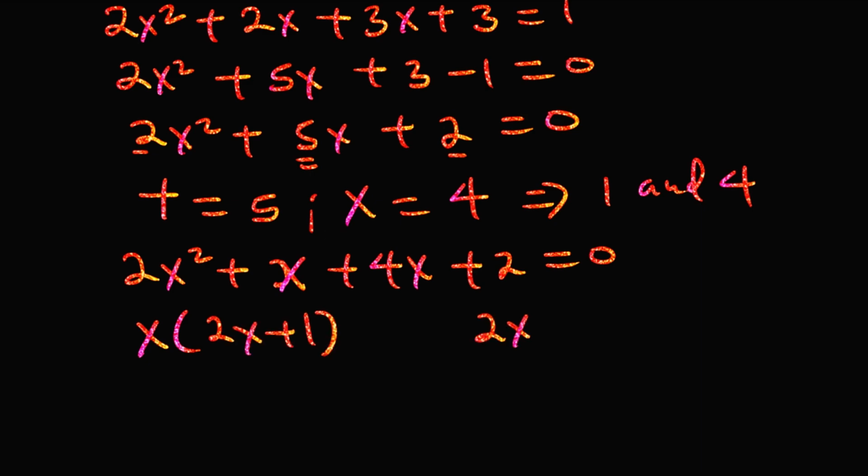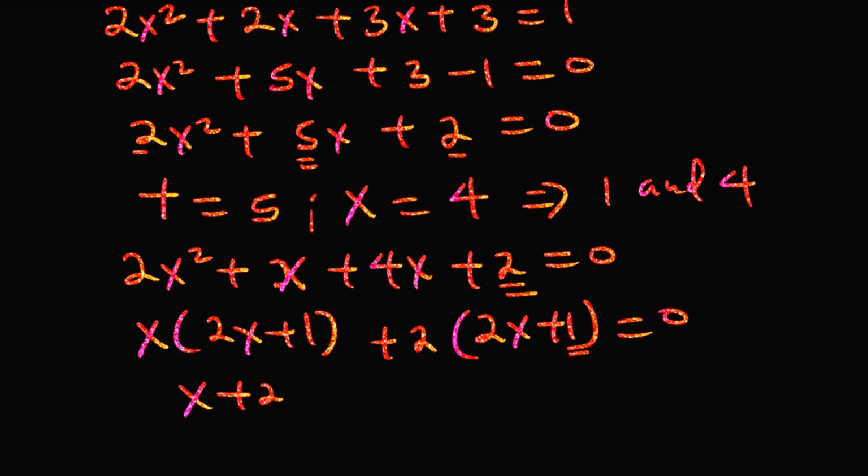So we expect to have 2x + 1 on this side. For us to have obtained positive 2, it means we multiplied positive 1 by positive 2. So we have (x + 2), and then inside the bracket, we have (2x + 1), and that equals 0.